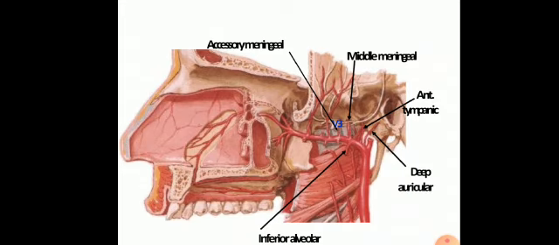The first part gives rise to the following arteries. Two arteries pass to the middle cranial fossa. Two arteries pass to the middle ear. One artery passes inferiorly to the mandible.